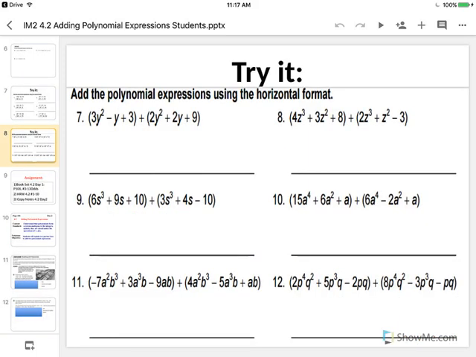Okay, so for number 8, now adding the polynomial expressions using the horizontal format. Right? So I like this way better than writing the parentheses. So here you can see your like terms. Right? So this gives us 5y squared plus 1y plus 12. Okay, so continue with number 8 to 12, and I'll give you the answers as you work along.